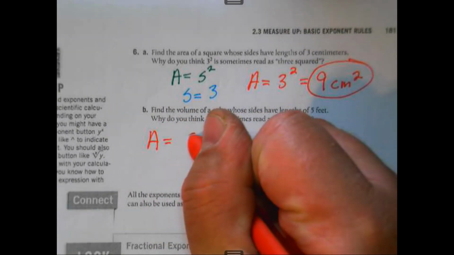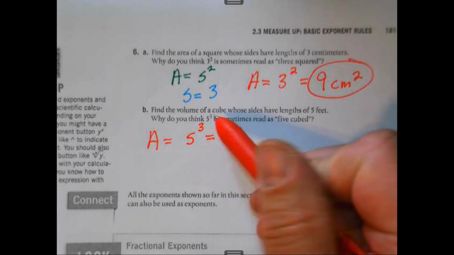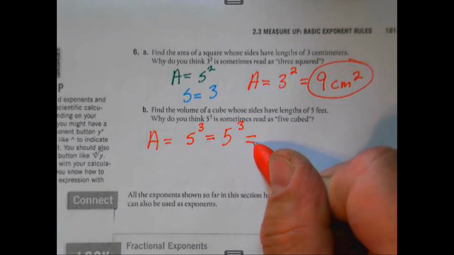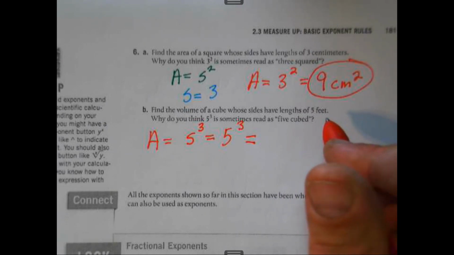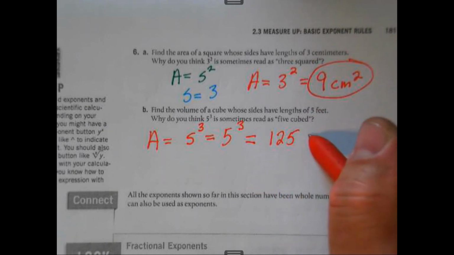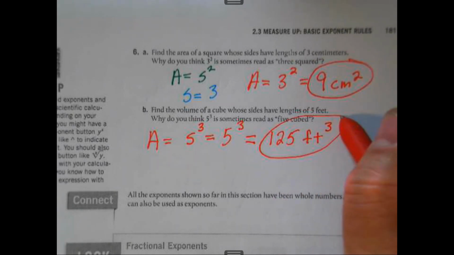Volume equals side cubed. In this case, it's 5 cubed. 5 times 5 is 25, times 5 is 125 feet cubed. Volume is cubed.